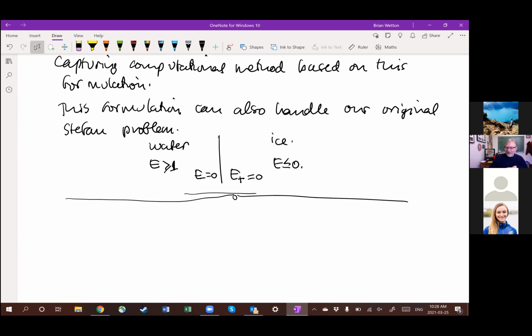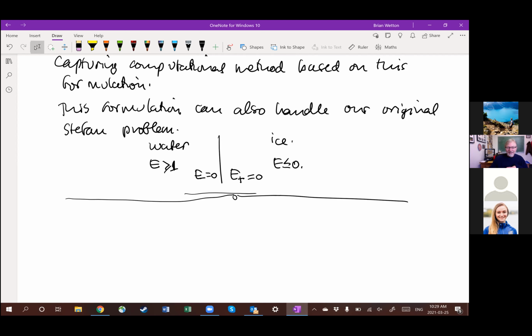Oh, there's a question that came up. Can you explain what a capturing method is? Again, this is not a computational course, but we are talking about looking at a PDE problem and looking at different formulations of it to figure out which formulations might be suitable for numerical approximation.